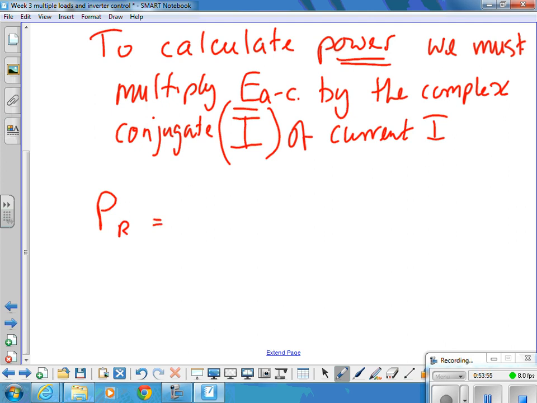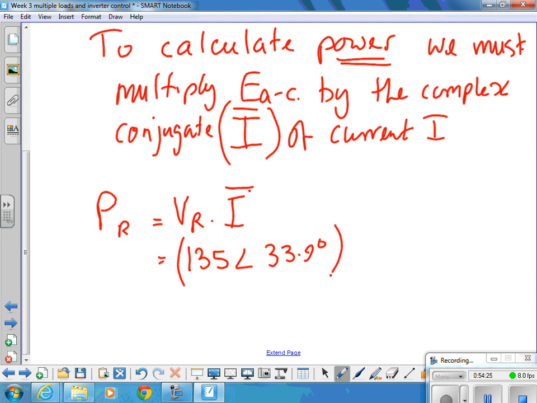So what was our voltage? PR is VR times the complex conjugate of I. What was VR in polar form? 135, angle 33.9 degrees.